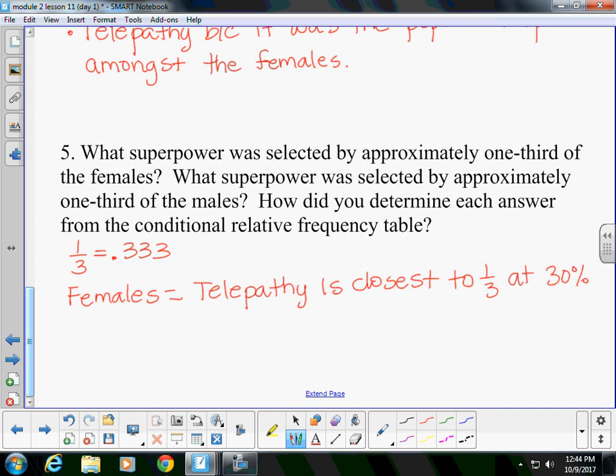At 30% or 0.3, I think it was 0.307 if I remember right.